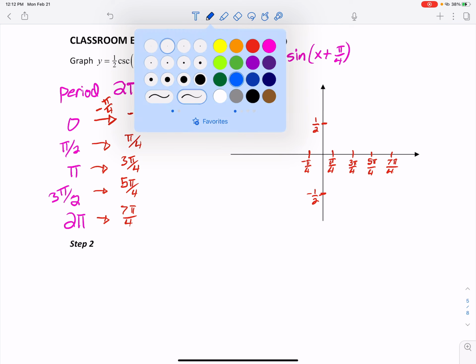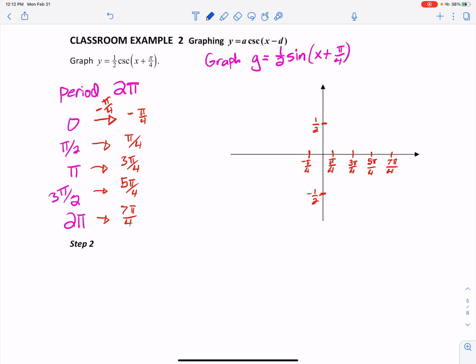And then now I graph my function. Does sine start on the midline or above it? On, right? Sine of 0 is 0. So I put that on the negative pi over 4. Sine, there's no negative, so my route goes up first, and then all the way back down, and then back up. I don't actually plot this, it's just a reference. So there's my reference.